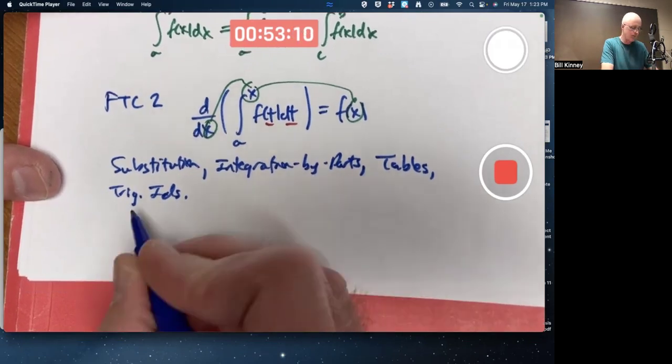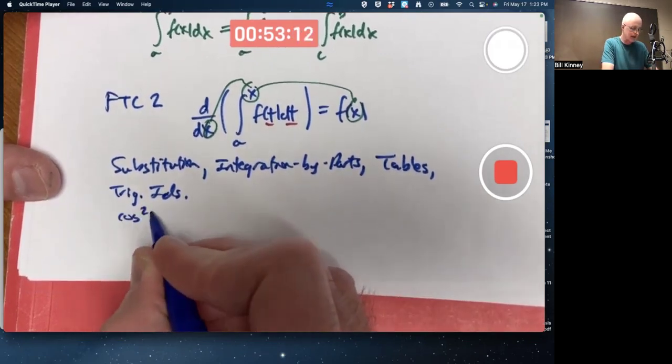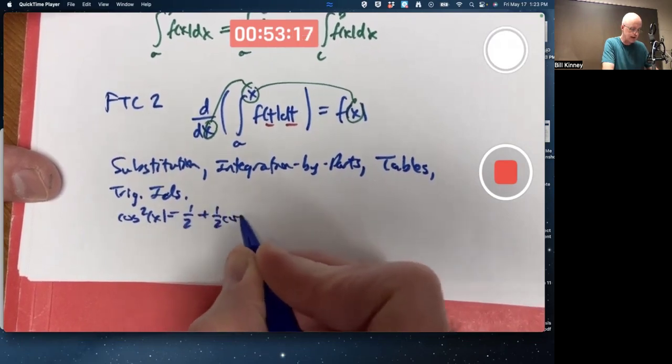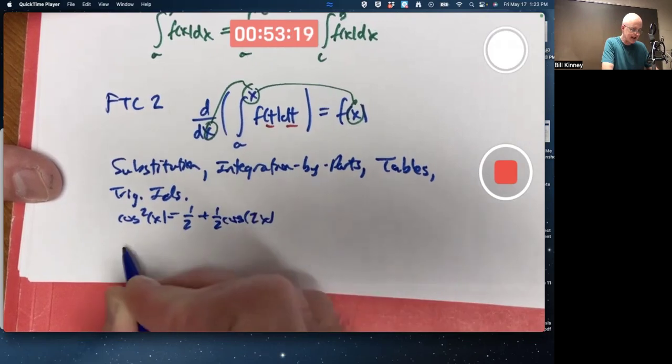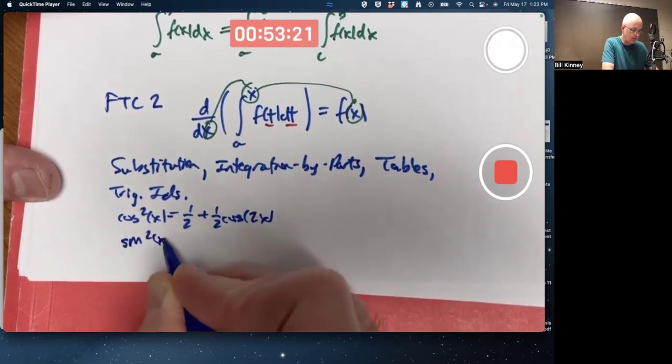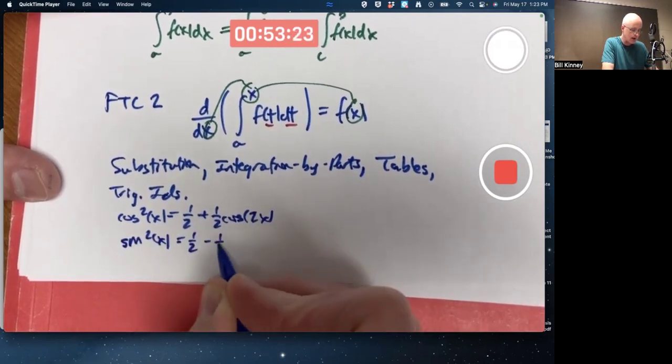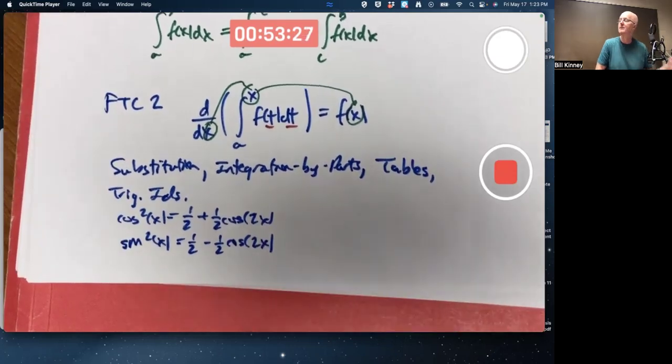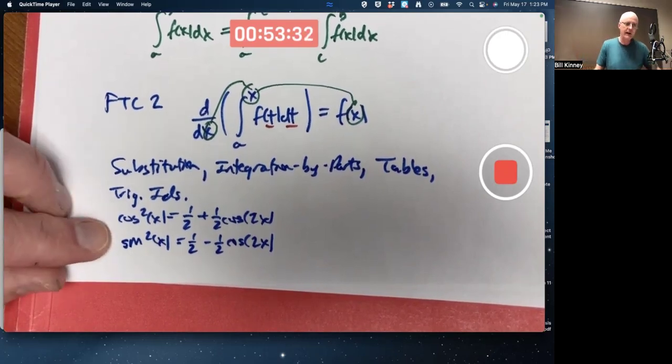But also, cos squared x equals 1/2 plus 1/2 cos 2x, and sine squared x equals 1/2 minus 1/2 cos 2x are really helpful too. In fact, take multivariable calculus.